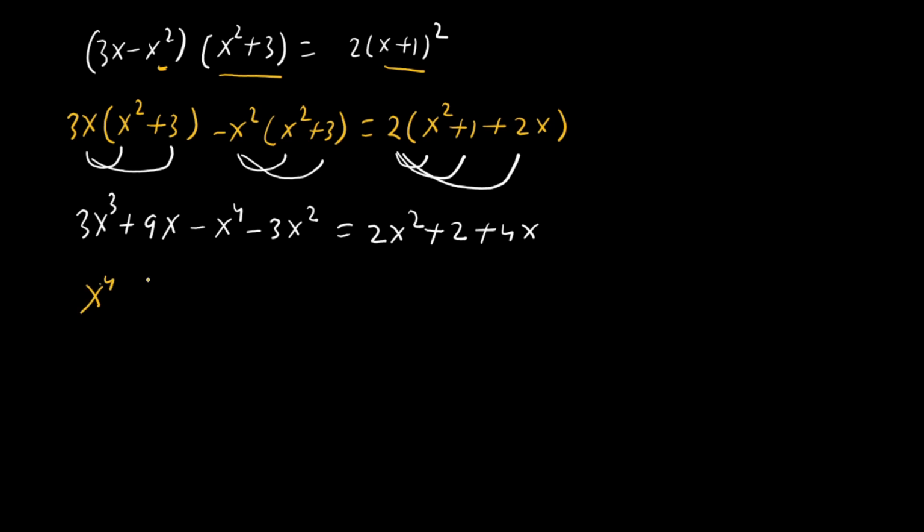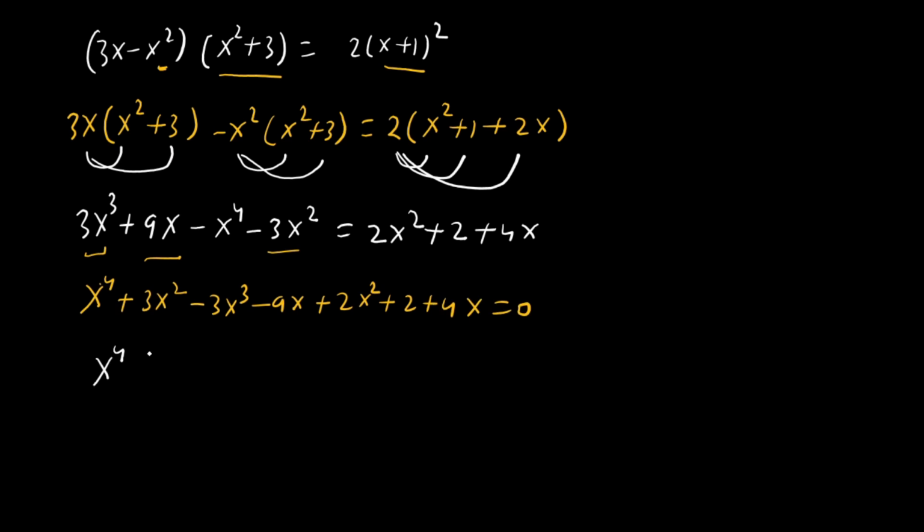Now if we take all the expressions on the same side, then this negative x power 4 becomes positive x power 4, this negative 3 times x square becomes plus 3 times x square, this plus 3x cube is minus 3x cube, plus 9 times x is minus 9x, and here plus 2x square plus 2 plus 4x, and this is equals to 0.